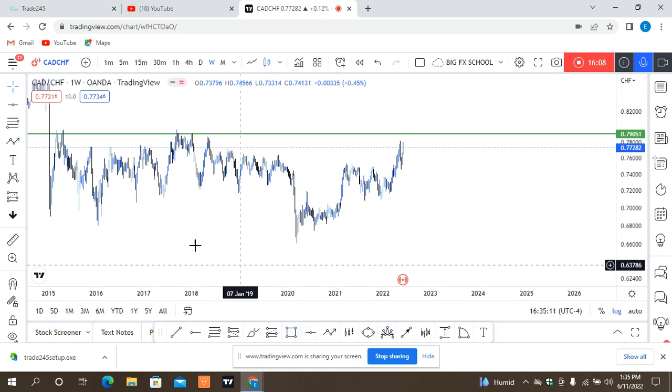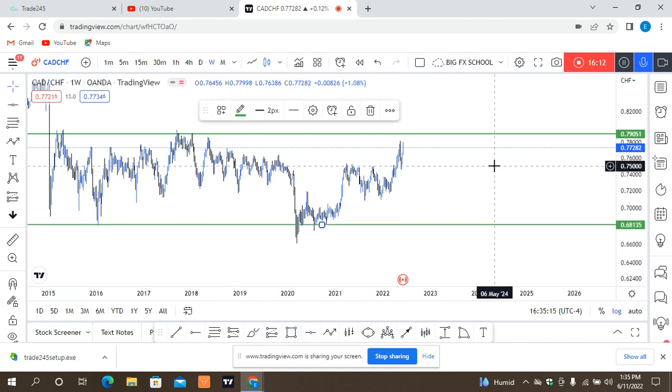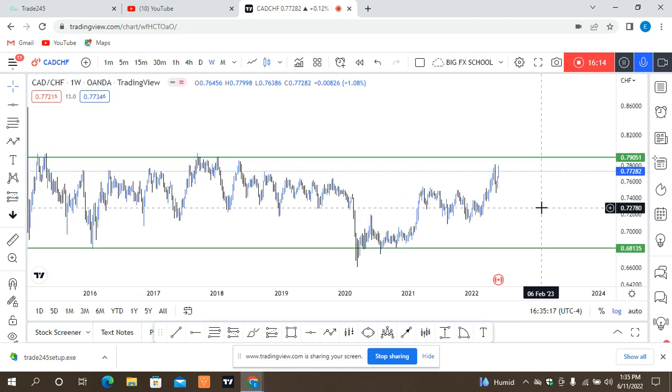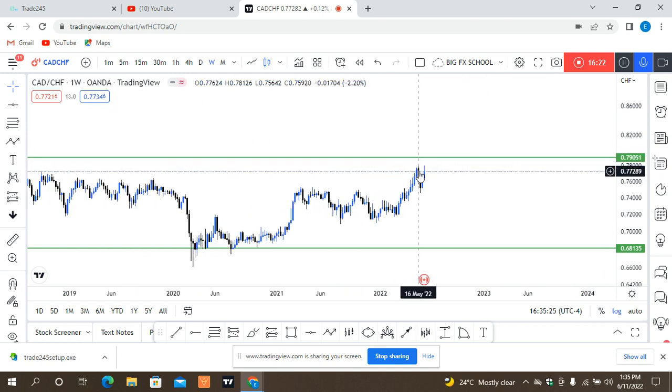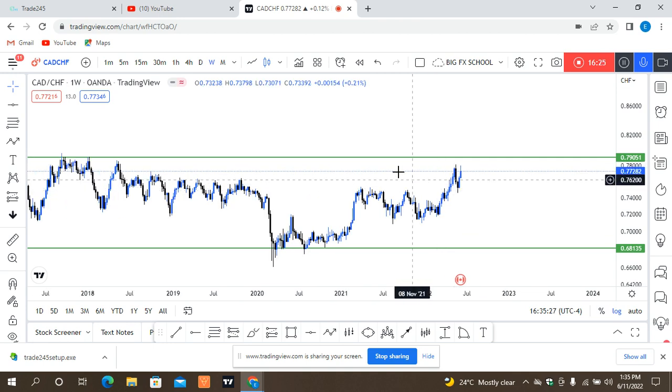We need to touch that level before coming down. Okay, so we need this level to be touched. So here we need to find the buy setup for this trade.